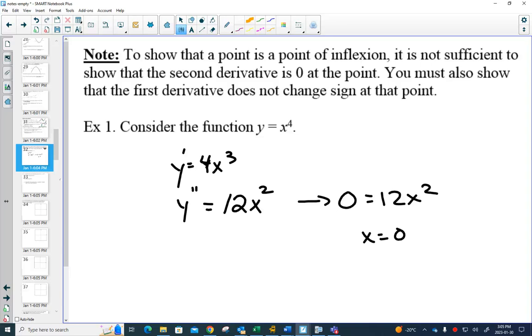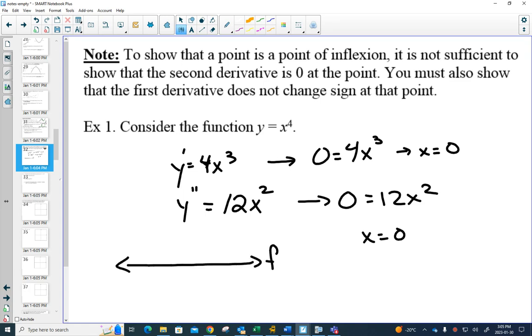But when we look at this graph already, first of all, notice that if you set your first derivative equal to 0, you would also get x equals 0. And what we're going to do with the first derivative and the second derivative is that same number line. So on my first derivative, and this is why I like to label it, I plug 0.